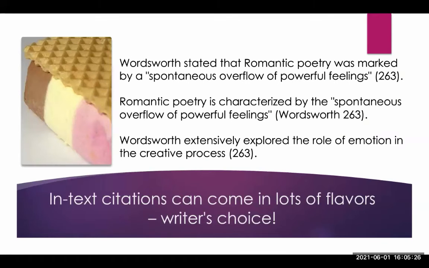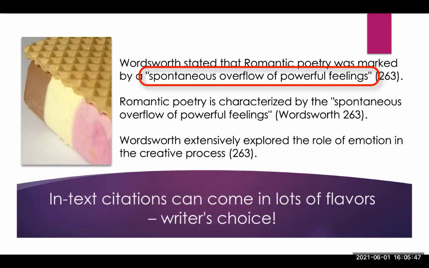Here are some examples of the ways that in-text citations could look in your paper. So in the first example at the top of the screen, you'll see, Wordsworth stated, that's the signal phrase, talking about romantic poetry, but then there's a direct quote in there. He says it's a spontaneous overflow of powerful feelings.